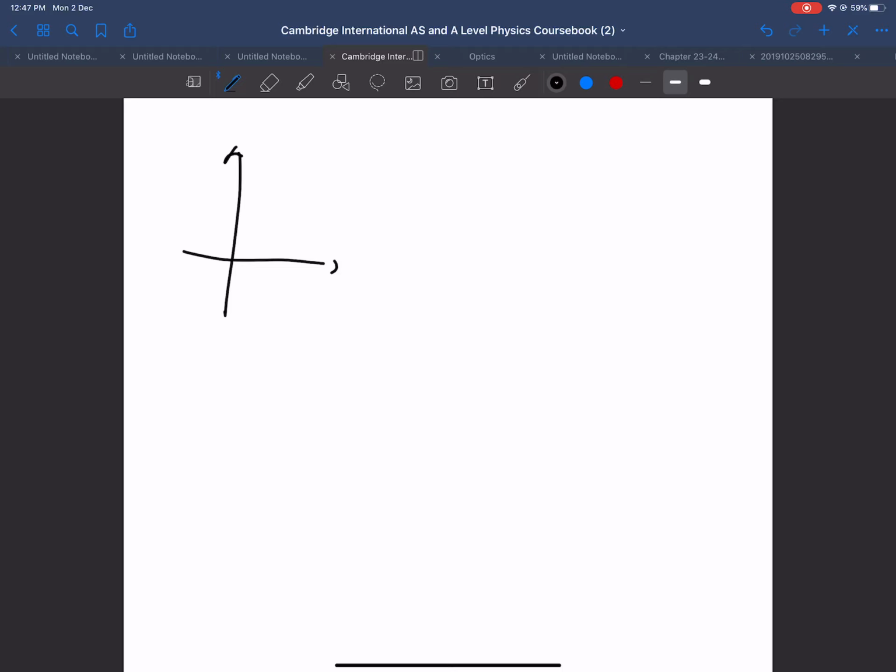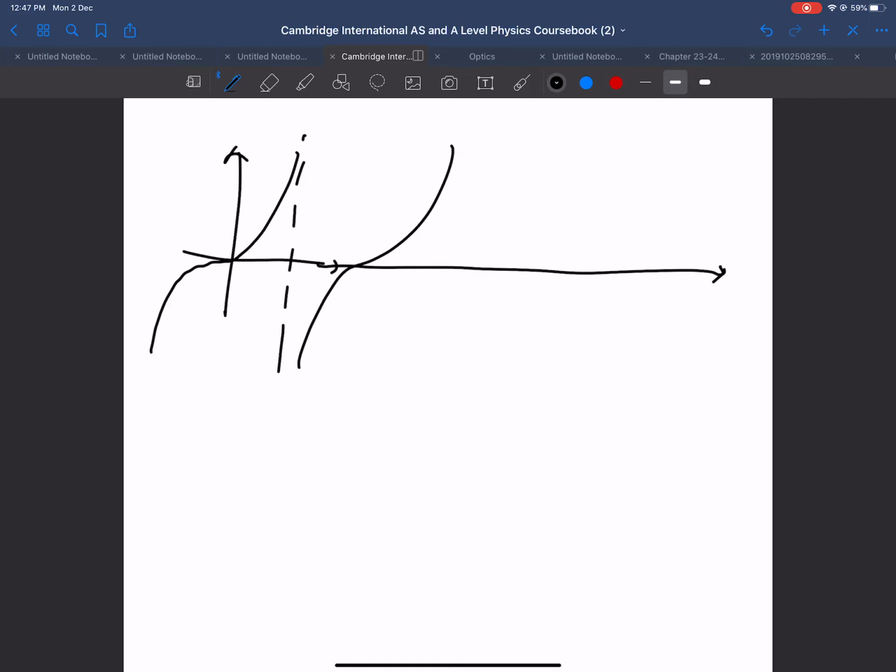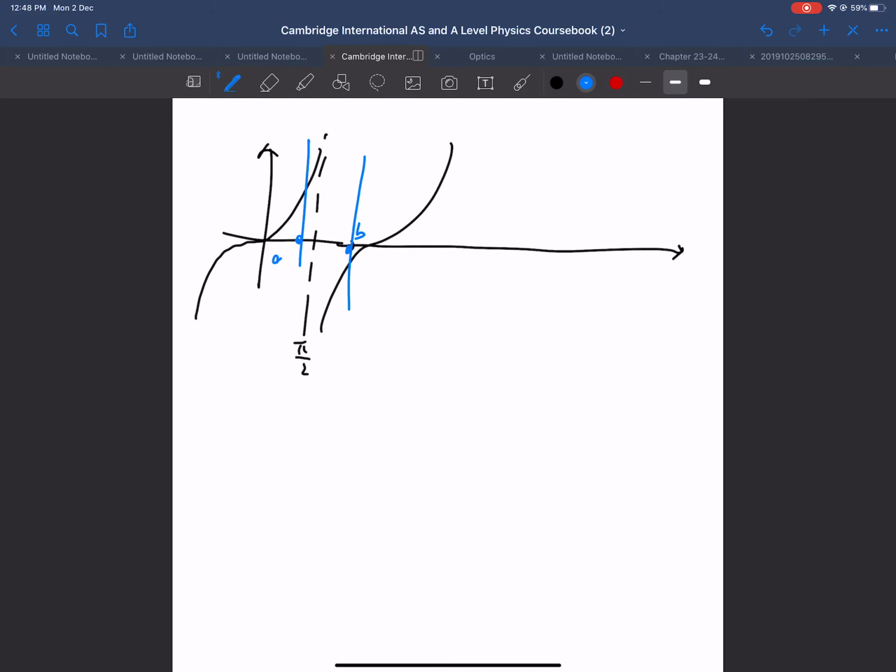Do you know how to draw the graph for tangent x? Like this. At this point there is a discontinuity. Between a and b there are no roots, although one is positive and another is negative. So it must be a continuous function.